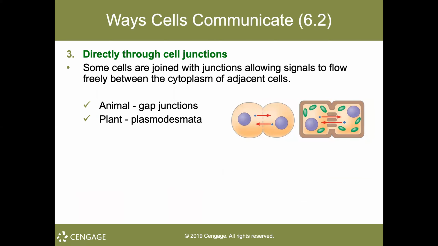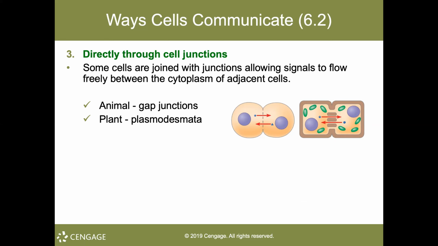Another way for a signal to get to the target cell is directly through cell-to-cell junctions. In the earlier chapters, we talked about gap junctions. Gap junctions are formed through connections in the cytoplasms. These are going to join the cytoplasms of two adjacent cells.